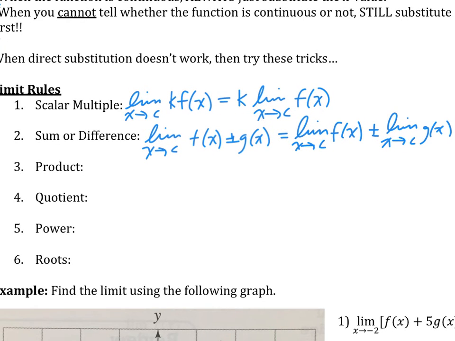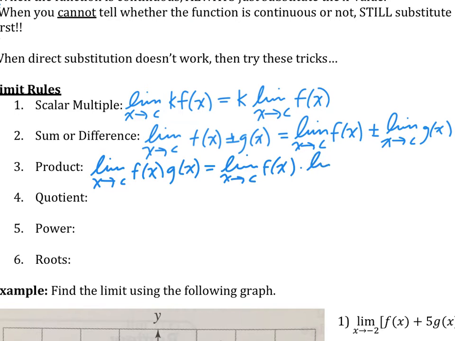The third one is kind of the same idea. Think of it as they're all following the algebraic rules. If you have a limit of two functions multiplied together, you could just say it's the limit of one times the limit of the other. And quotient is the same idea.